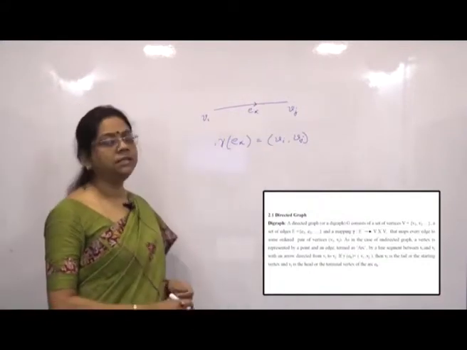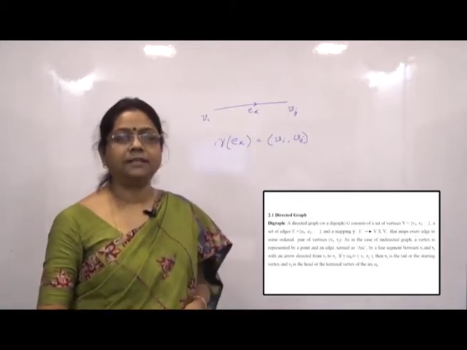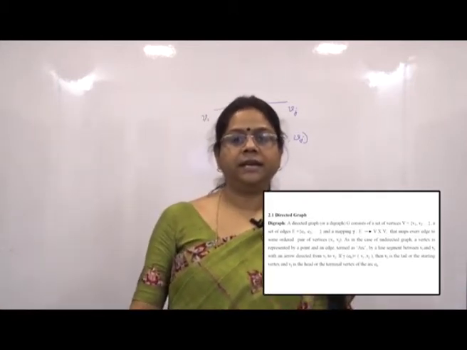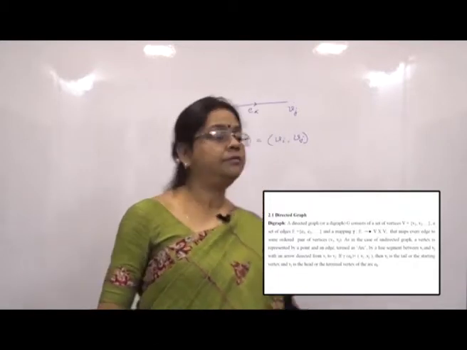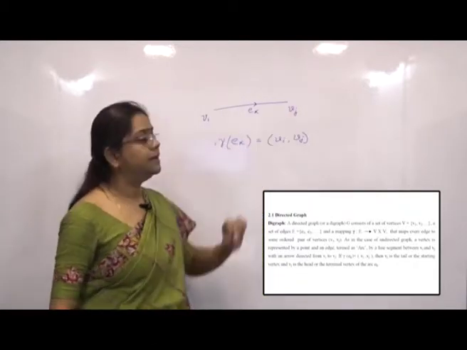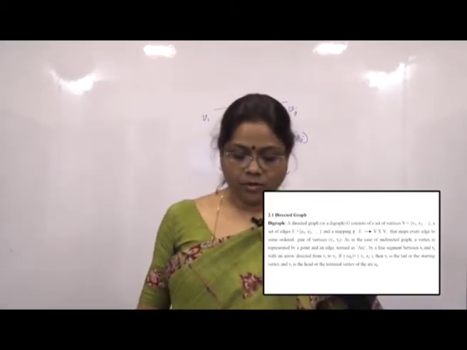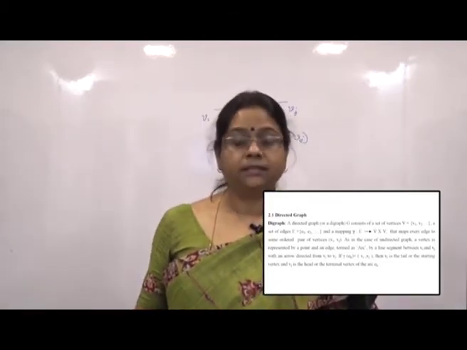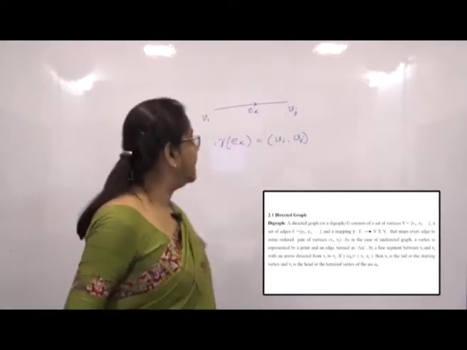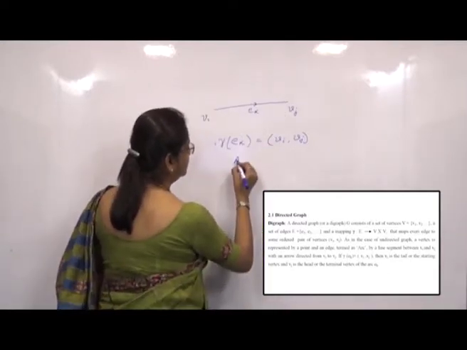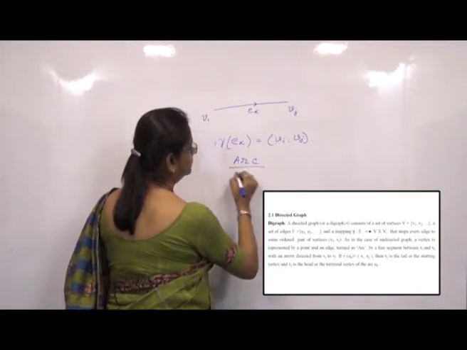And Vi is called the starting vertex of Ek or the tail of Ek, and Vj is the ending vertex or the head of Ek, and this edge here is called an arc.